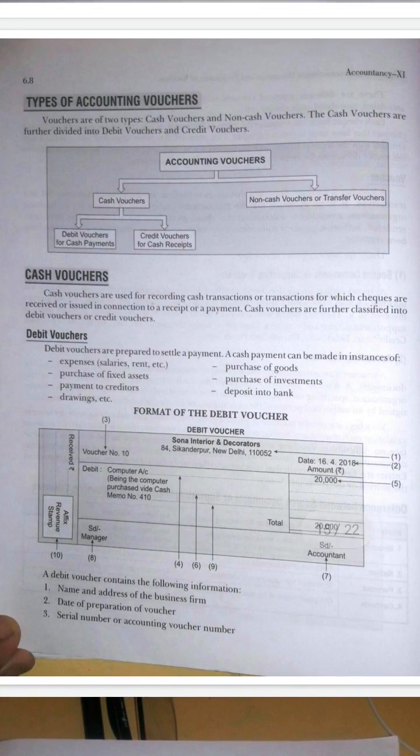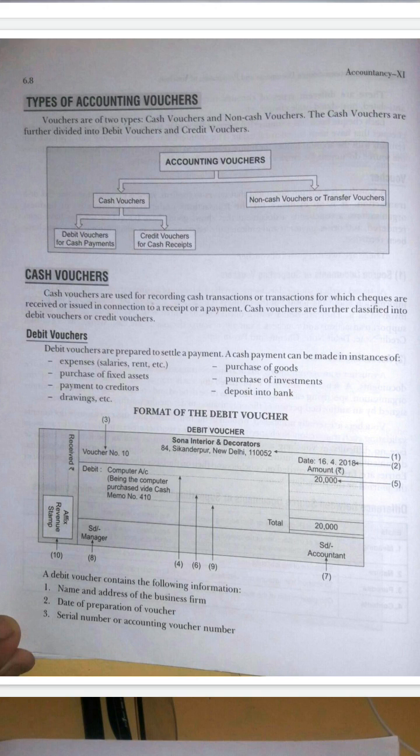Okay. So the next one is types of accounting vouchers. There are two types. The first one is cash vouchers and non-cash vouchers, or transfer vouchers.